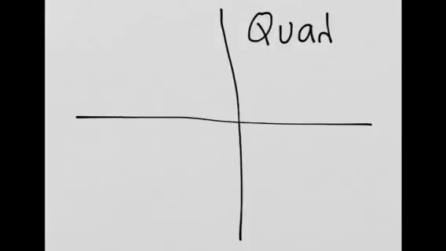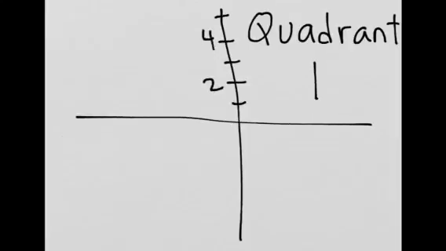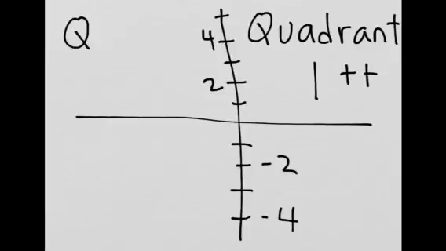Quadrant 1. In quadrant 1, you'll notice that all of the x values are positive and the y values are also positive because on the y number line, the positive numbers go up and the negative numbers go down. So in quadrant 1, everything is positive. In quadrant 2, you'll see that x is now negative, but y is still positive because we're above the x-axis where the positive numbers are.